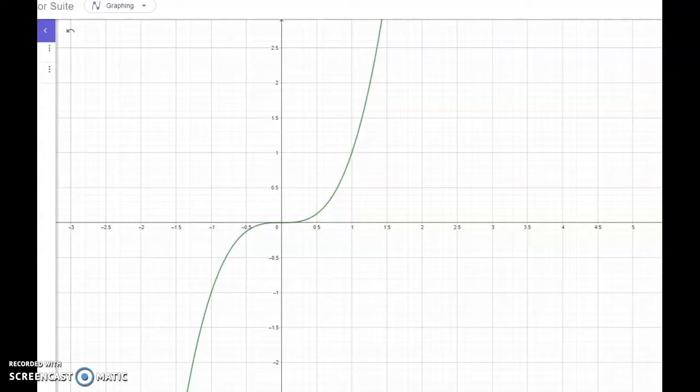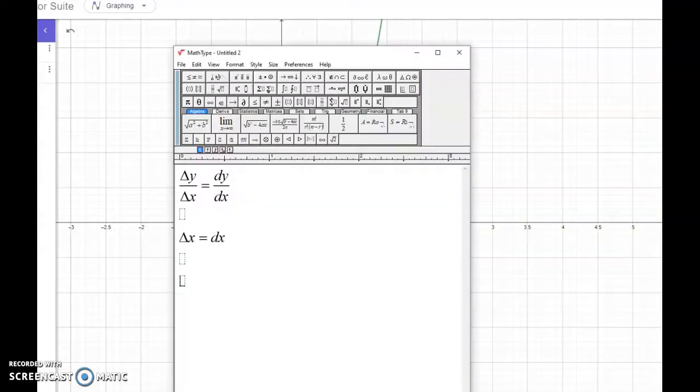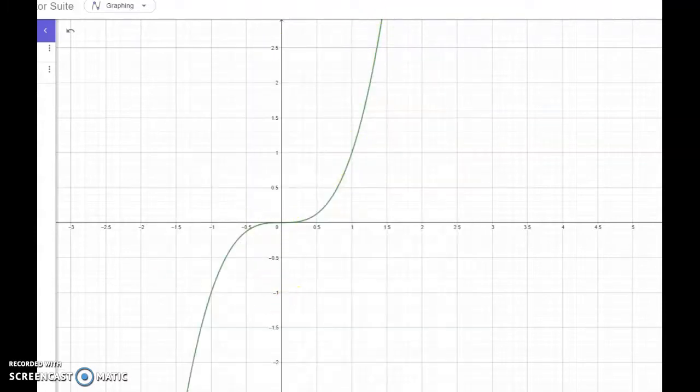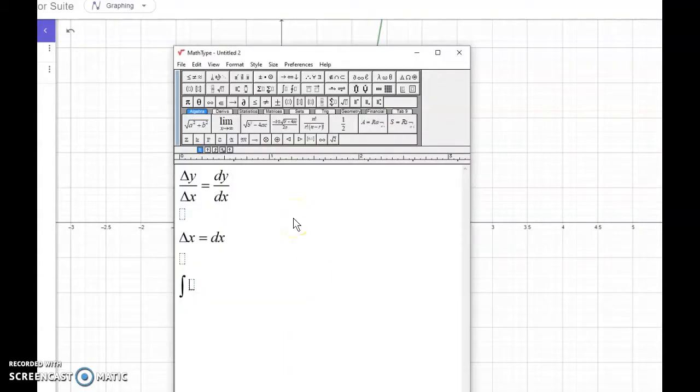So in integration, the notation of summation is the integral sign, which is just like an S. And the function that we are discussing now is x cubed, so we can put down x cubed. And what do we actually sum in this graph?